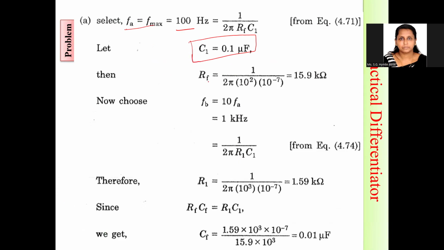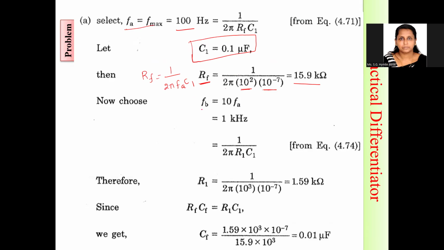Then RF is 1 by 2 pi fa C1. So 1 by 2 pi, fa is 100 hertz, into C1 which is 0.1 microfarad, that is 10 power minus 7. So the value of RF is 15.9 kilo ohm.